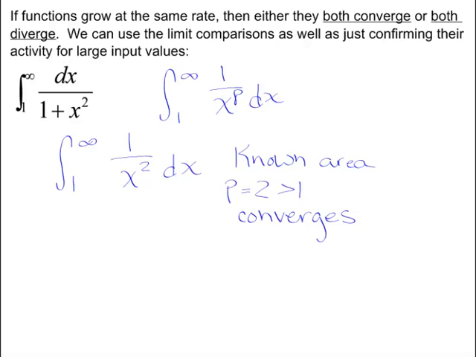I don't have to find the antiderivative. I don't have to plug in and show fundamental theorem. This, referring to a value of p and making a comparison with that value and 1, is enough for me to say I know this area converges. But there's one more step.